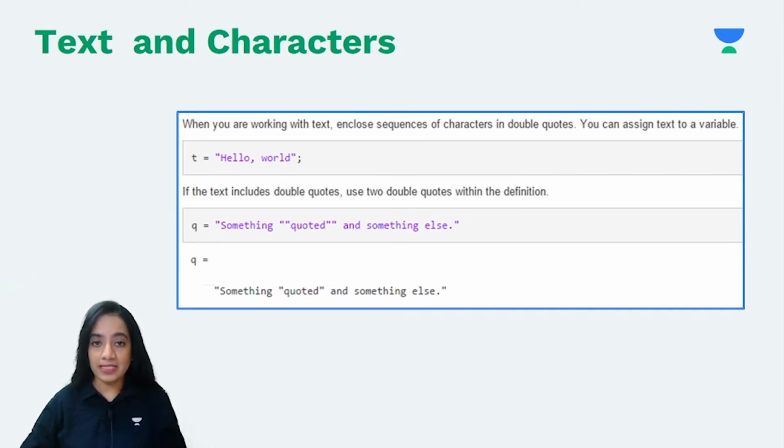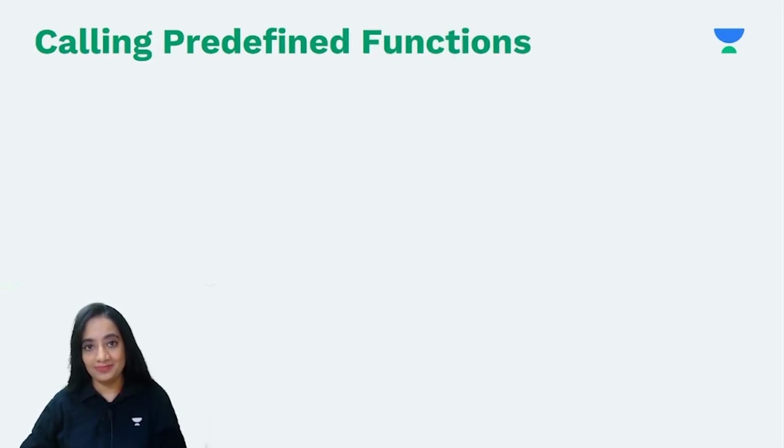So double quotes indicate that this data belongs to text. Or you could call it a string also, a collection of characters. Like in the second example, the double quotes make your data text, a collection of characters, which we call a string.